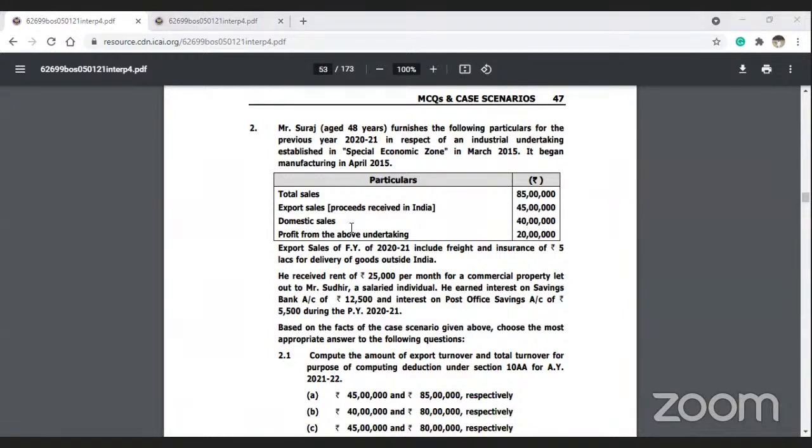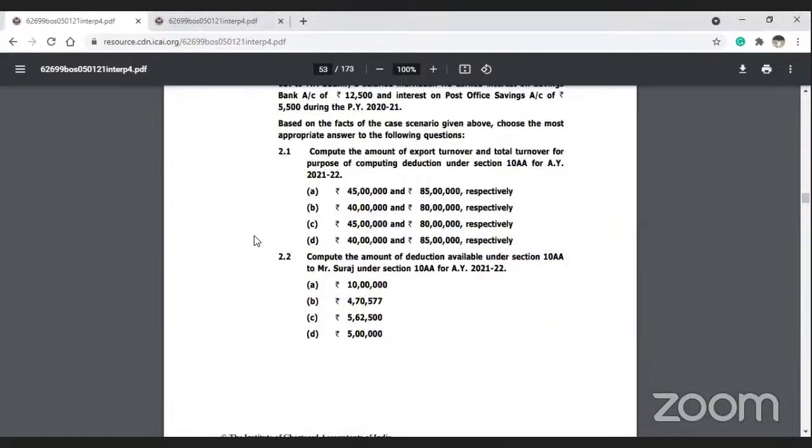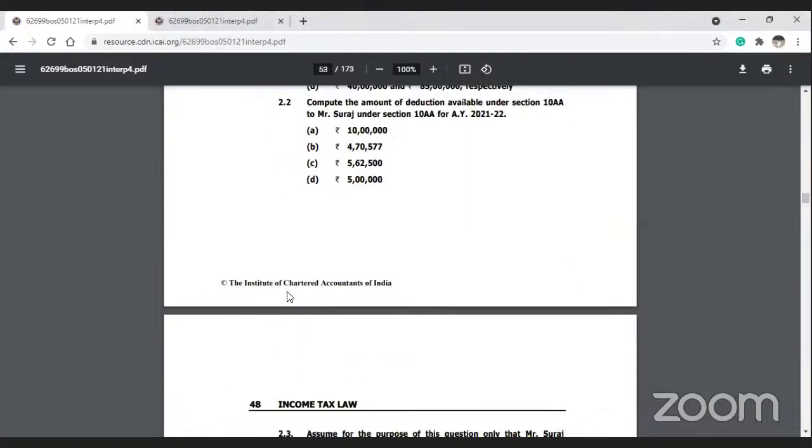Thanks, Ayush. No problem. Okay, so this is 5 lakhs. Because Aishwarya, that was 115BAC, new section introduced. Okay. Thank you.